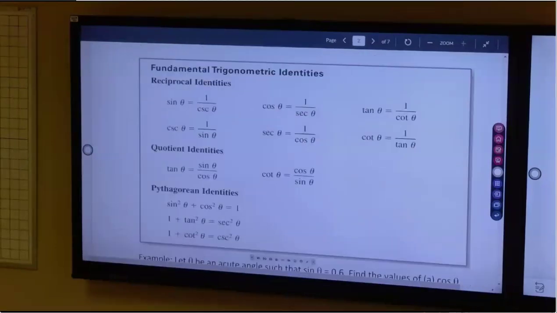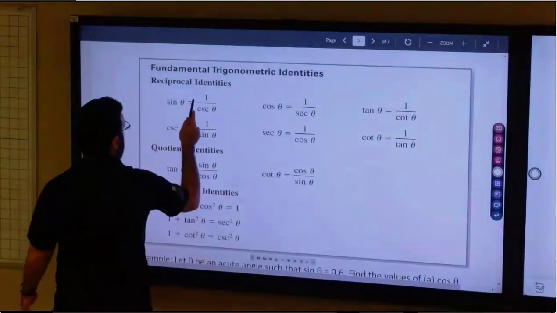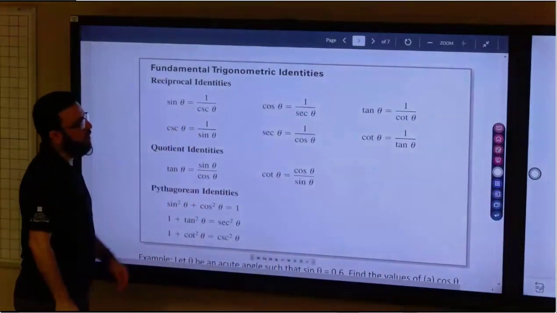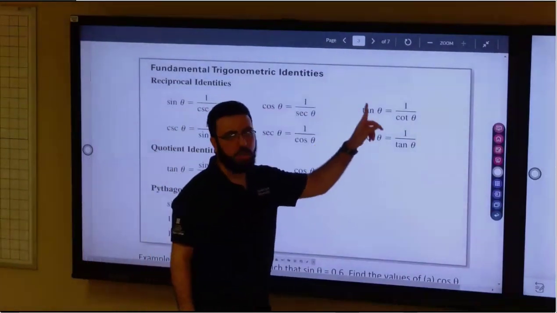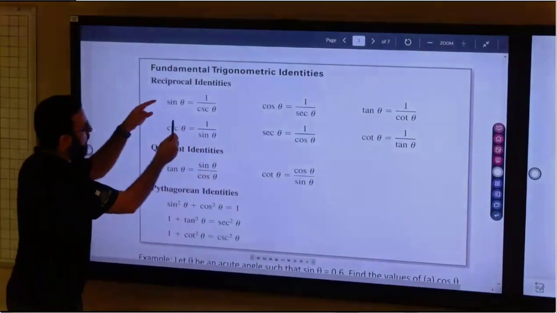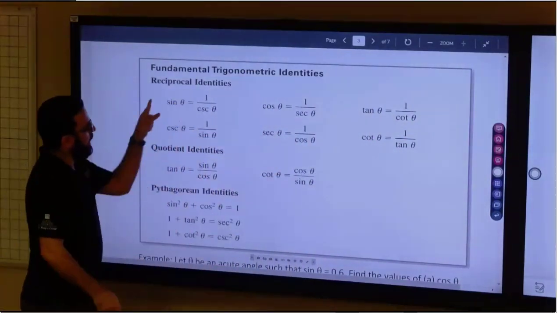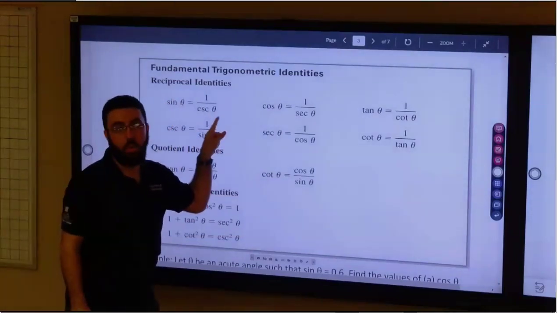If you need to find the sine, and you have the cosecant, you say the sine is 1 over cosecant. Cosine is 1 over secant. Tangent is 1 over cotangent. Now you see, sine always goes with the cosecant.